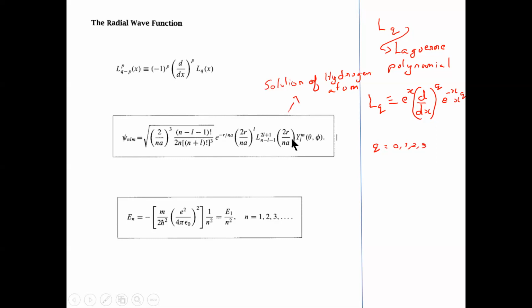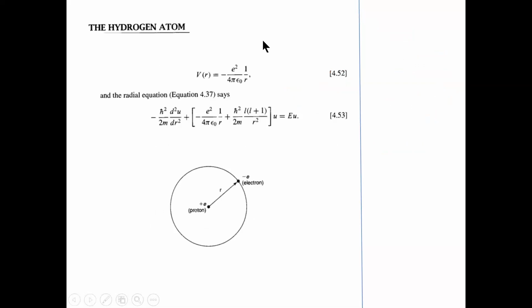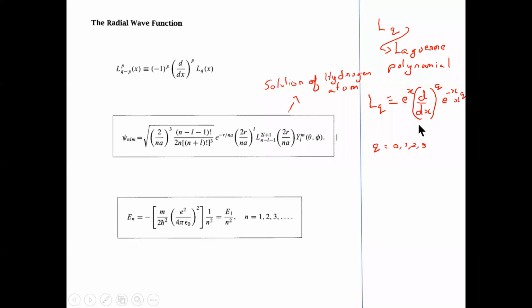Here r is the radial coordinate, and a is a quantity called the Bohr radius. It has a value 4 pi epsilon naught h bar square over m e square.